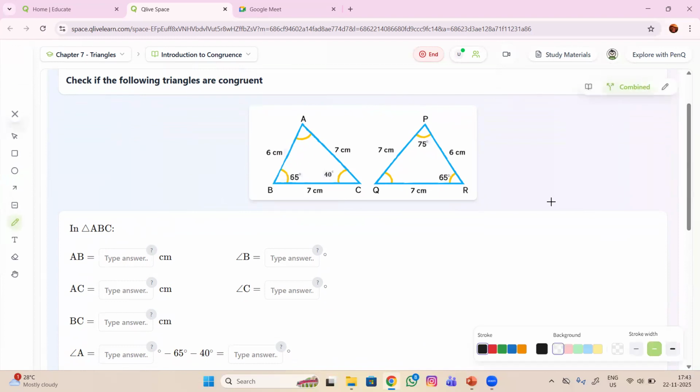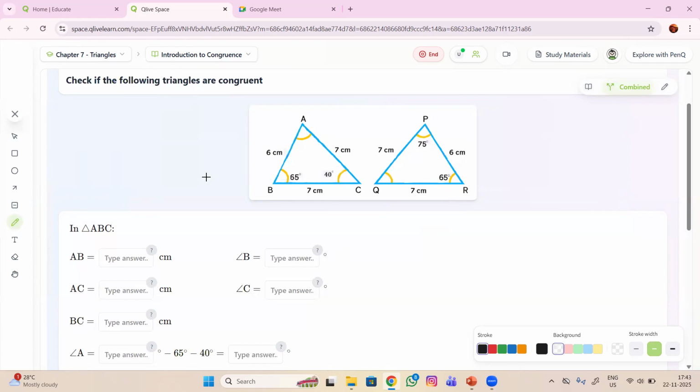We can find the hidden angle by subtracting from 180. First we add 65 plus 40, then we get 105. And we subtract that from 180. Then what's the answer?